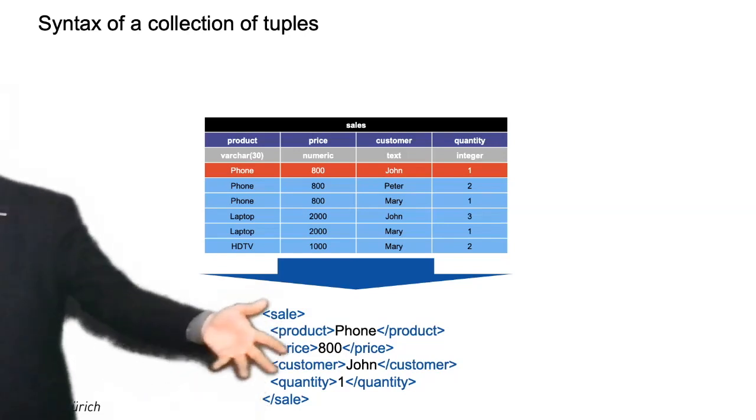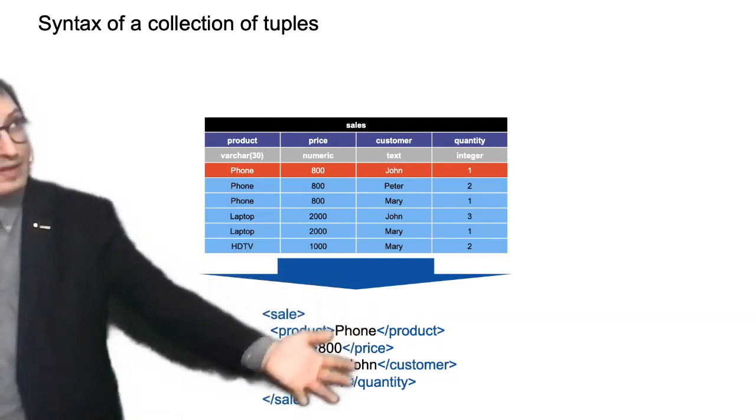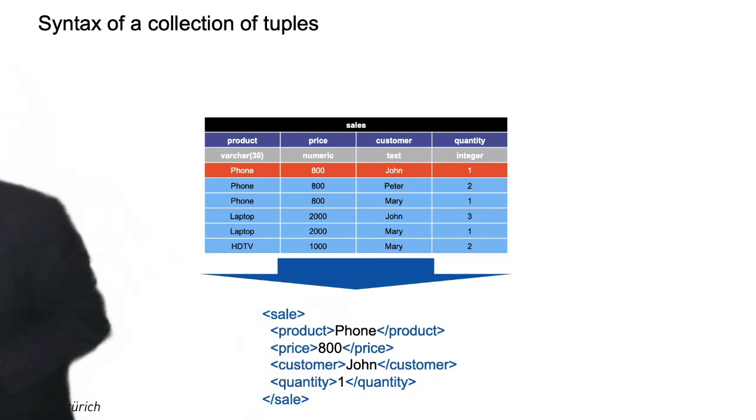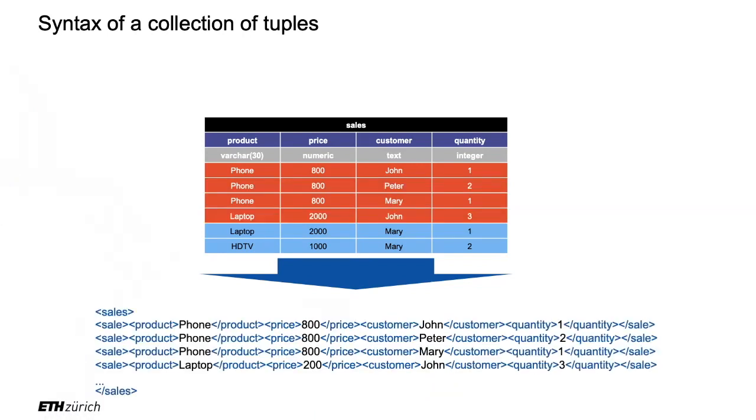It's a very specific use of XML that's flat. It's completely flat. We just have text inside elements, plain and simple, and that's pretty much one row of a relational table. Now you could have all the rows. How do we do it in XML? It's a bit different than in JSON. In XML, we typically use the plural form and the singular form. The plural form would be sales. So we have an element sales, and then we use the singular form sale for every one of the rows in there.